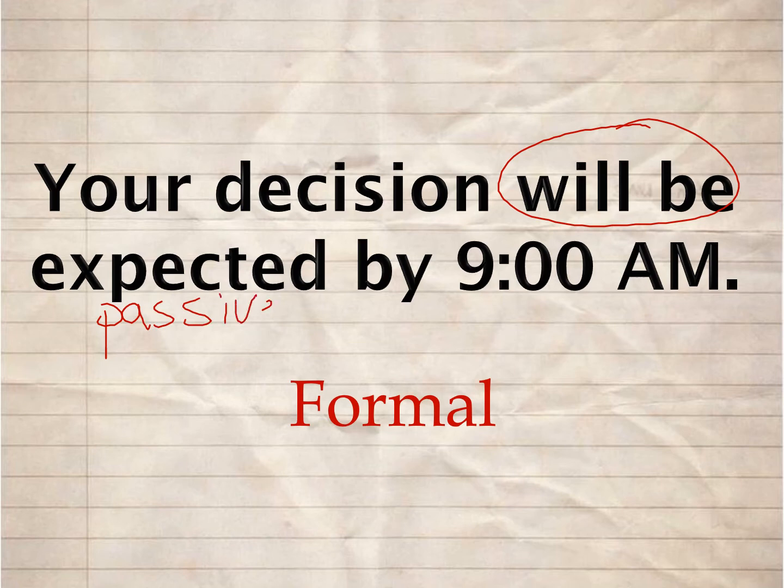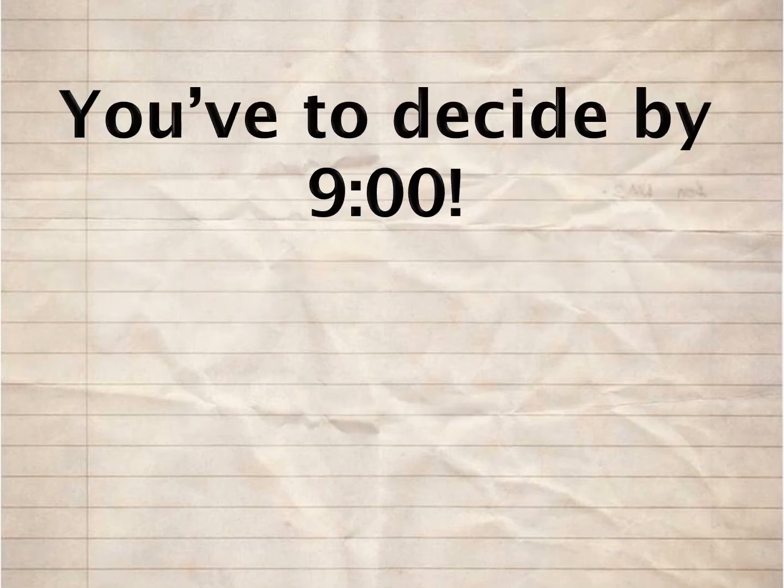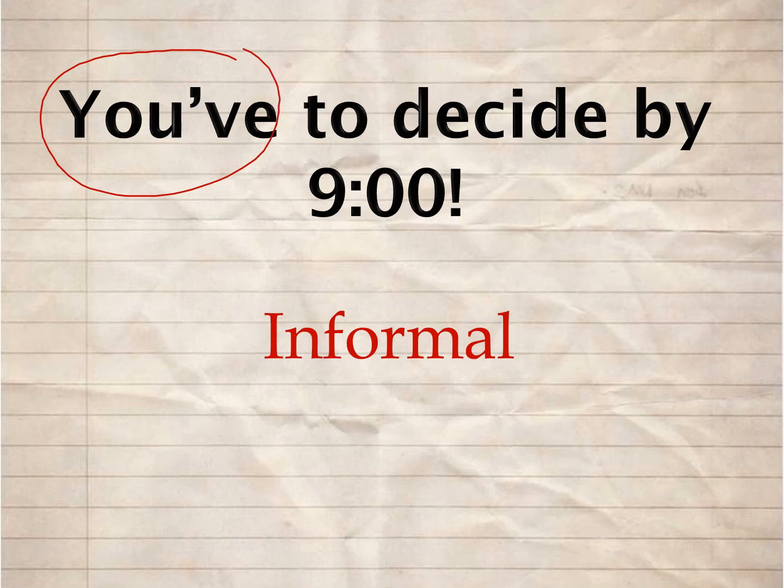Remember that we use passive structures in the formal writing of emails. Next, you have to decide by 9. Right? This is informal. Why? Because we have the short form of you. It should be you have in the formal form.